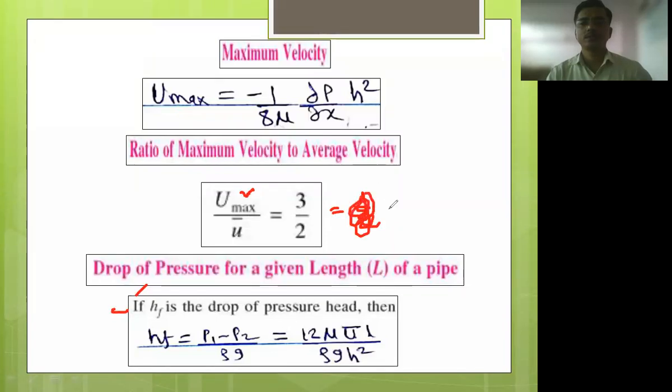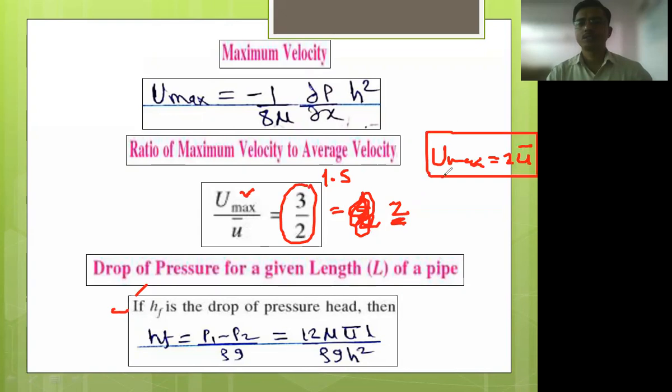Oh, this is not 1 by 2, it is equal to 2. Here, this value is nothing but 1.5. And for the pipe flow, it was equal to 2, meaning U max is equal to 2 times the average velocity. If we look at the equation of pipe flow, you will notice that. This is for the parallel plates.